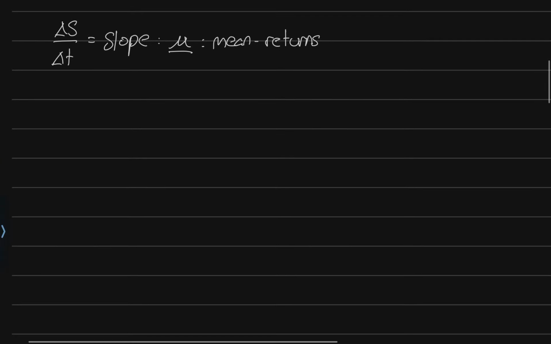So without all the words, let's rewrite this as delta s over delta t is equal to mu. And then we can rewrite that as delta s is equal to mu delta t.